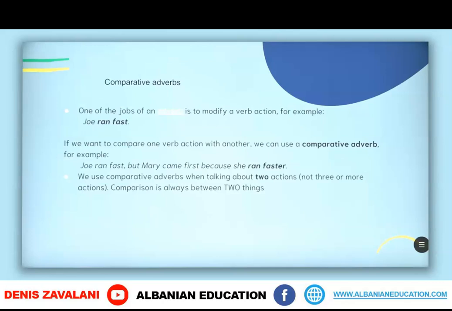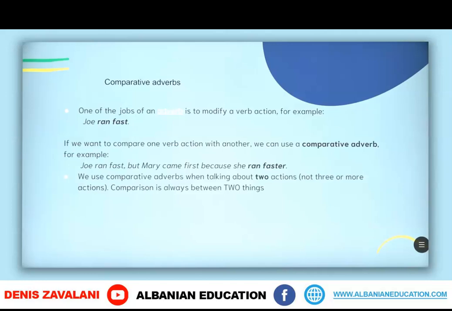We know that adverbs have also got the comparative degree. One of the jobs of an adverb is to modify a verb action. For example, Joey ran fast. Here we can see that it is showing in some kind of way the manner of how Joey ran.